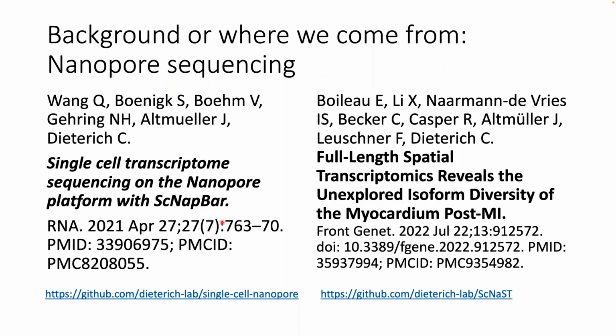Our background, where we come from, is the Nanopore sequencing platform. We were trying to bridge the gap that existed between short read sequencing technology and long read sequencing technology in single cell sequencing and spatial transcriptomics techniques, with these 2 publications that you see here.